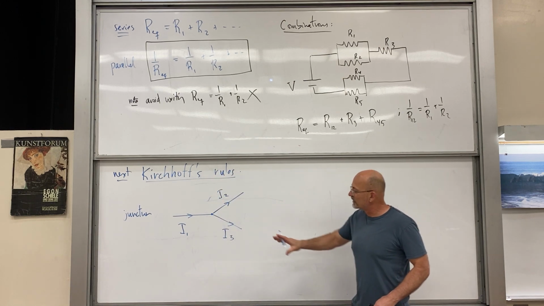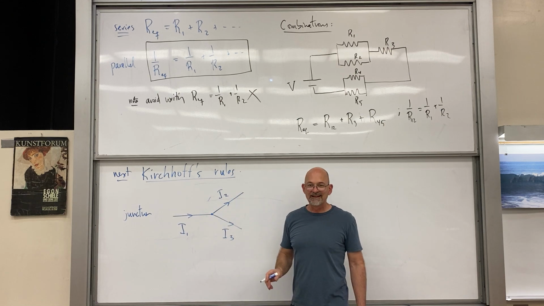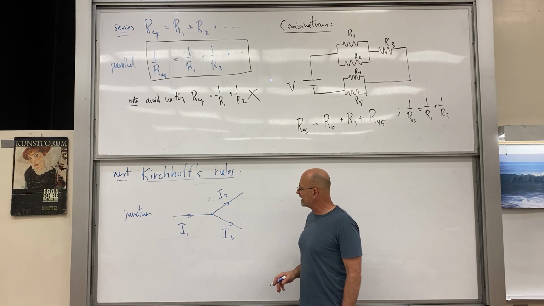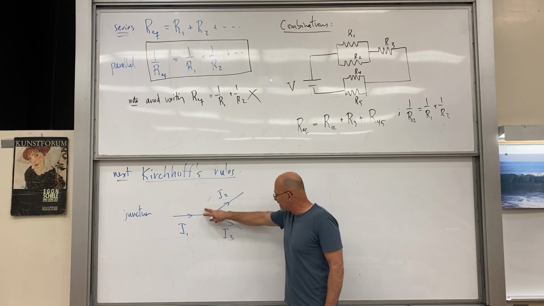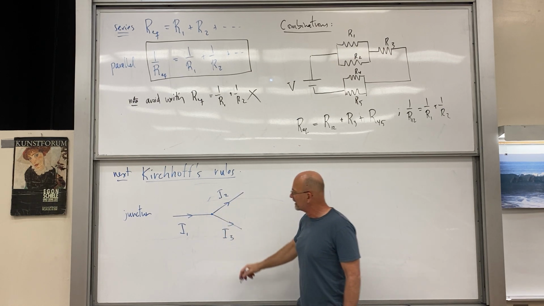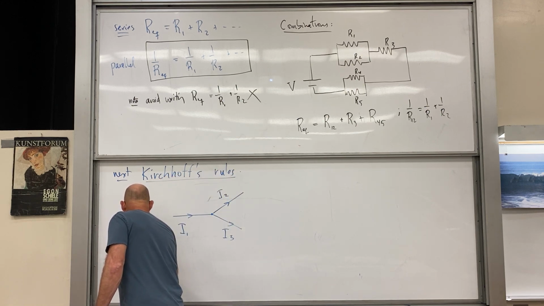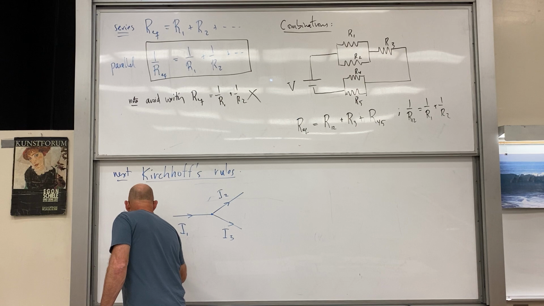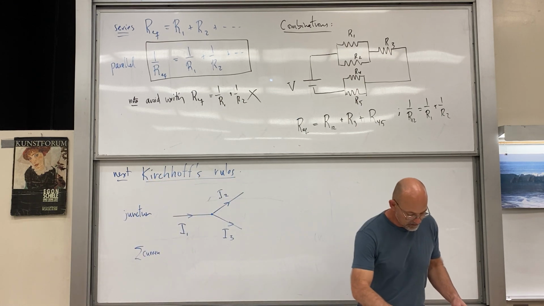The rule is that the sum of all the currents going into a junction equals the sum of all the currents leaving the junction. And that is just conservation of charge, right? This I sub 1 has to split up into 2 and 3. So, sum of currents entering, how do I have that formulated here?